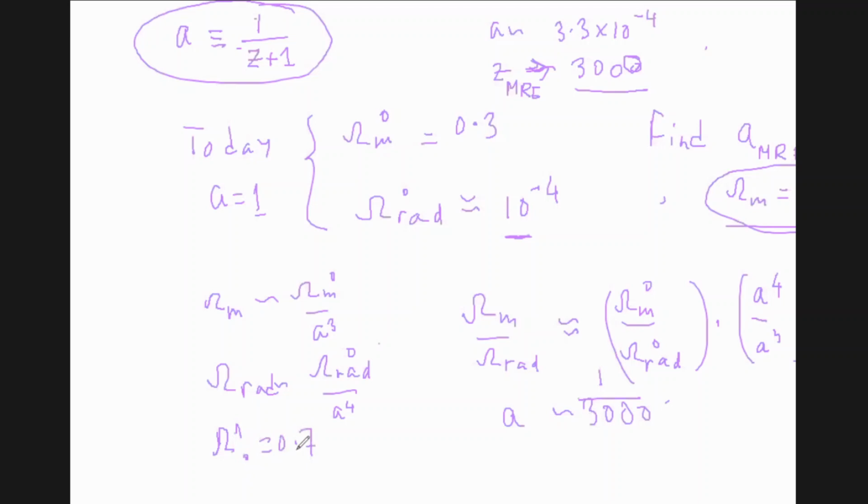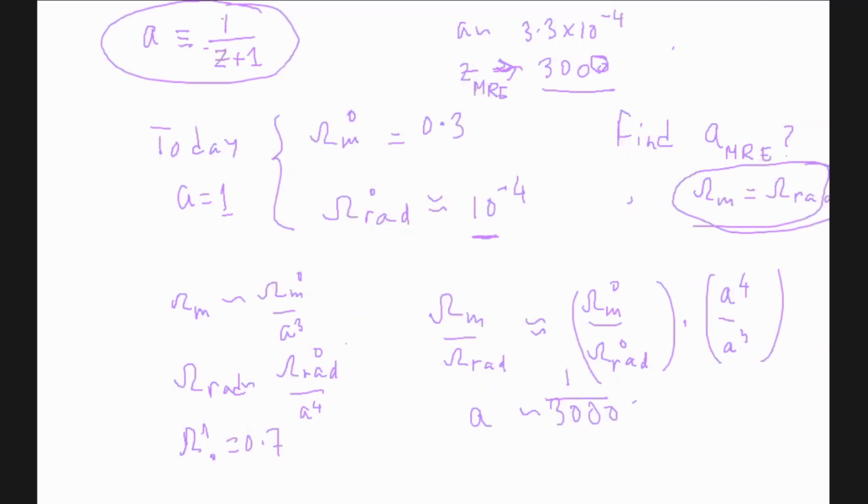So now I want the value of Z, the same way as before, when matter and dark energy were equal, that means the dark energy domination started. Find the value of Z. Got the question, everybody? Please do it.